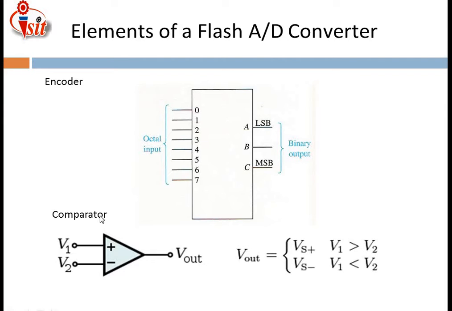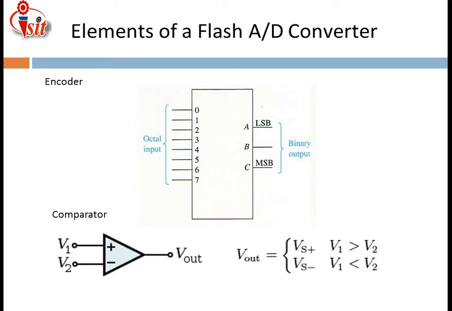We know very well that for an op-amp comparator, there is no kind of feedback structure present, and the comparator name itself indicates that it compares between 2 inputs and generates an output.